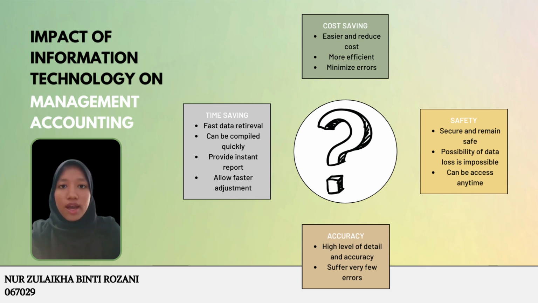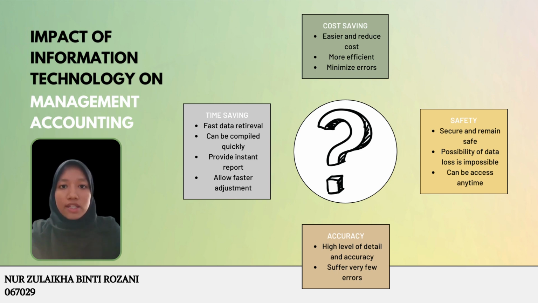Accounting work requires a high level of detail and accuracy in recording and reporting. Technology has had a positive impact on accounting applications because calculations performed by computer programs suffer from very few errors. Lastly is time saving.